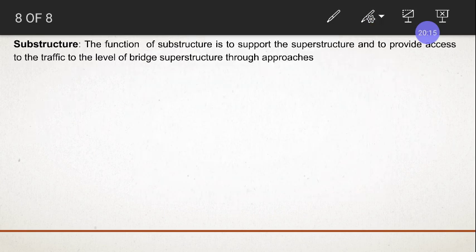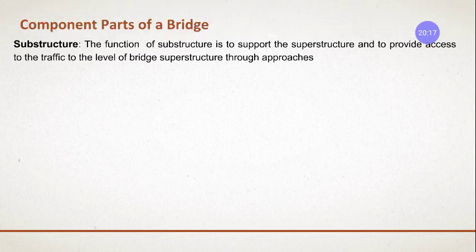So what is the substructure? The function of the substructure is to support the superstructure and provide access to the traffic to the level of the bridge superstructure through approaches.